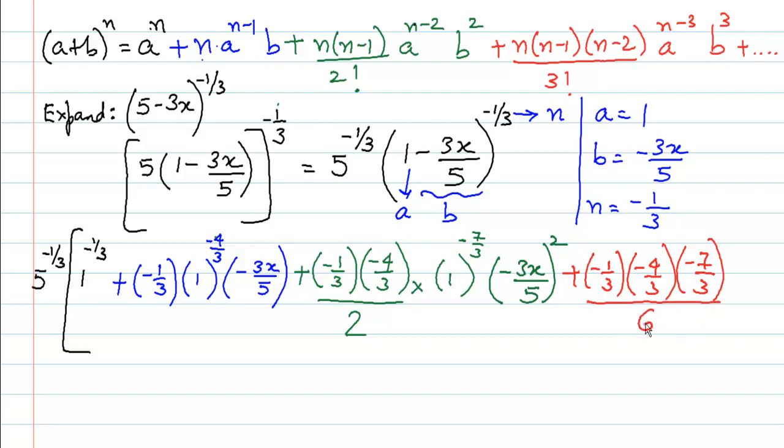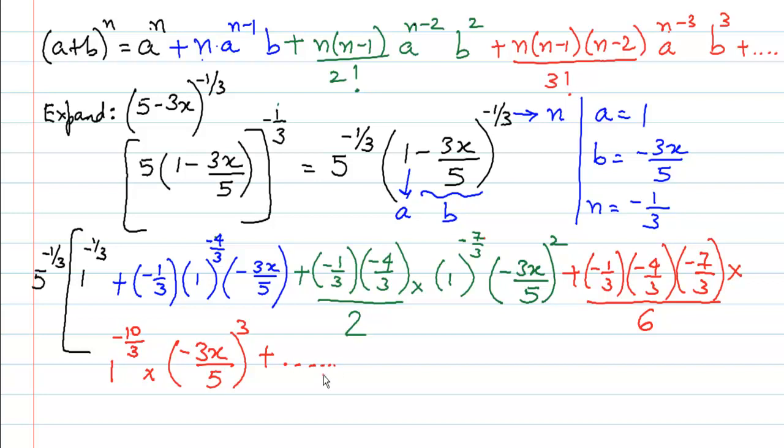So we can directly write 6, into, I'll go to the next line, a raised to n minus 3. So we have 1 raised to n minus 3. So minus 7 upon 3 minus 3 would be minus 10 upon 3, into b cubed. Our b is minus 3x upon 5, the whole cubed.